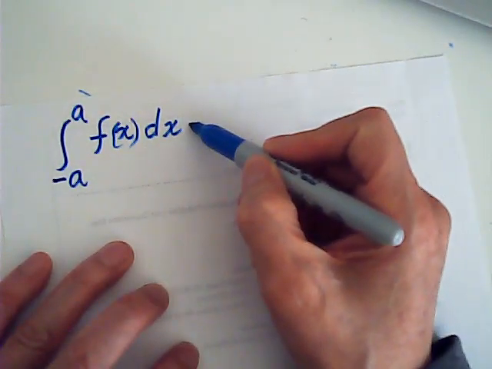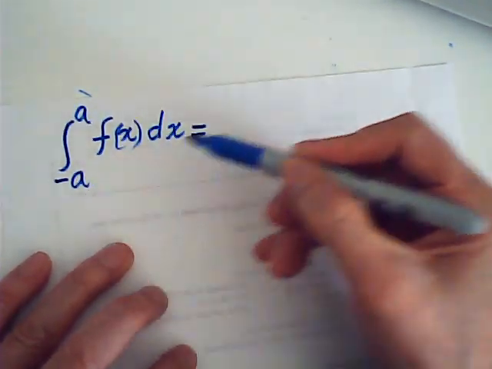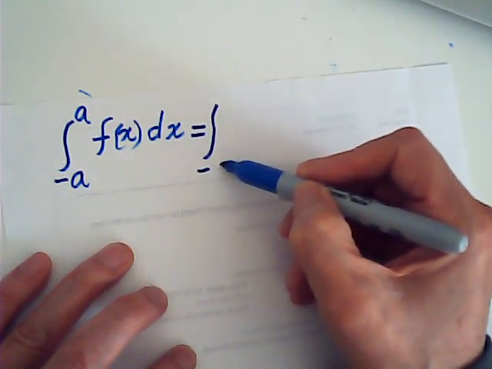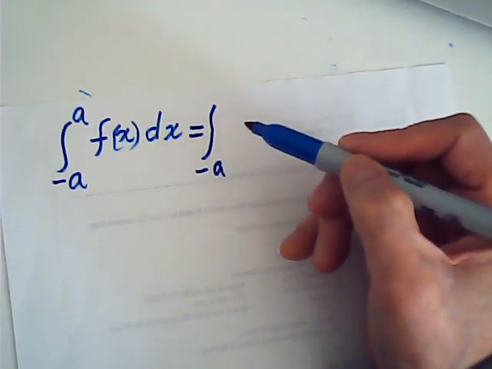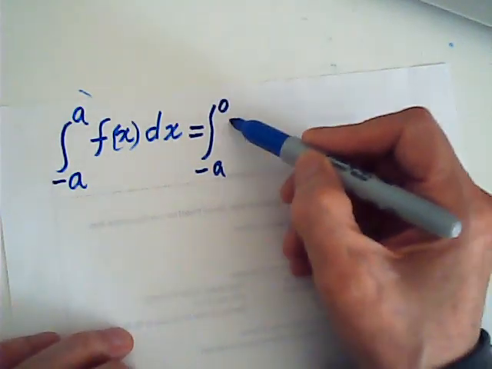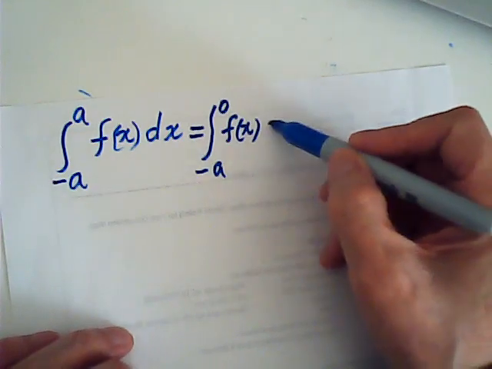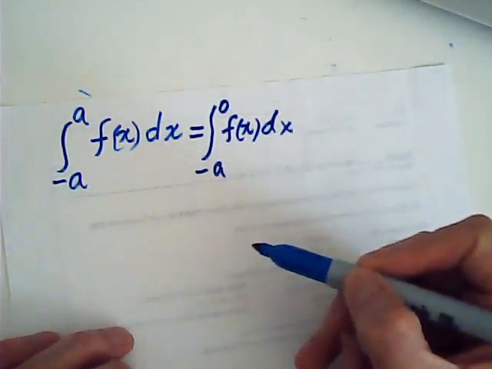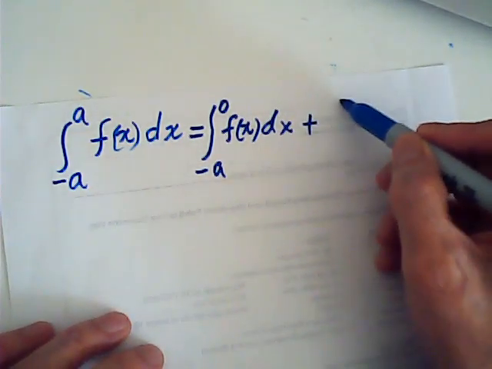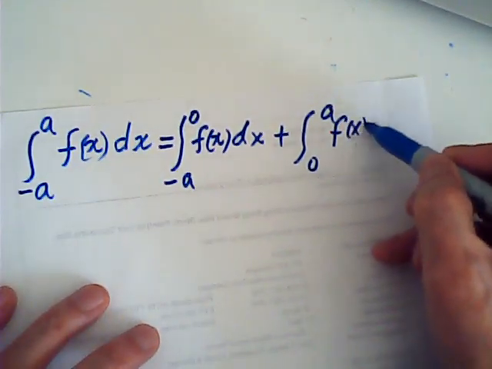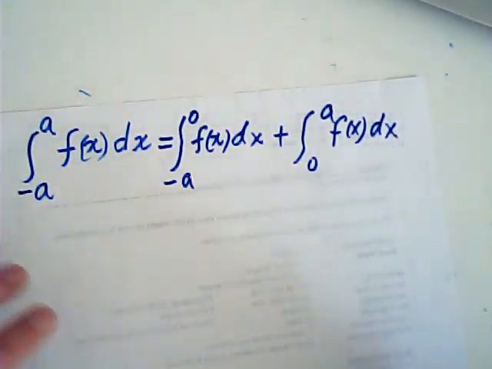Now this one I can split into two integrals: from negative a to 0, plus from 0 to a of f of x dx.